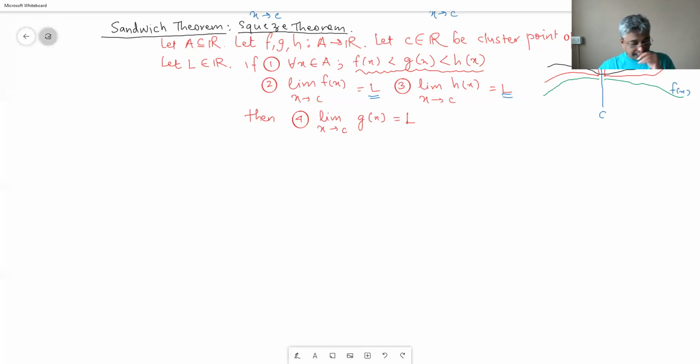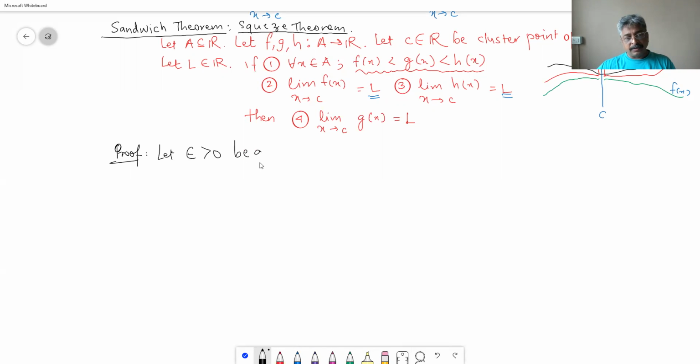Now, any epsilon delta proof will begin with epsilon greater than 0. Let epsilon greater than 0 be given.